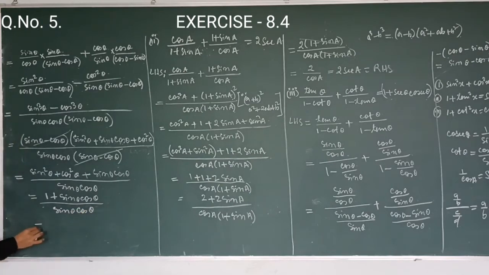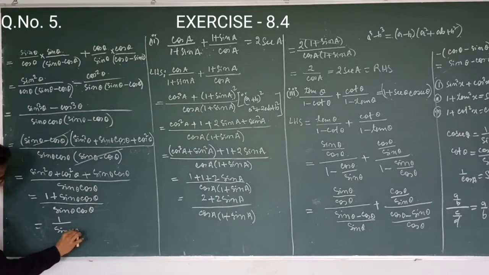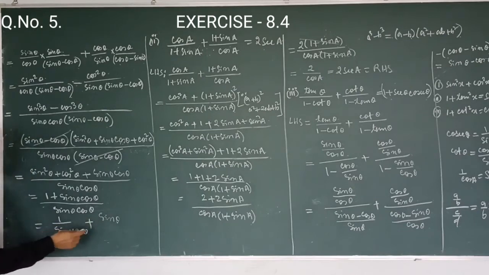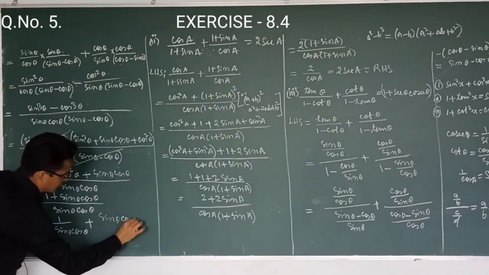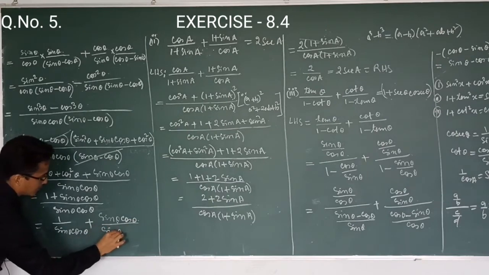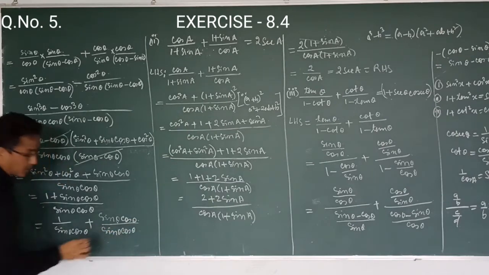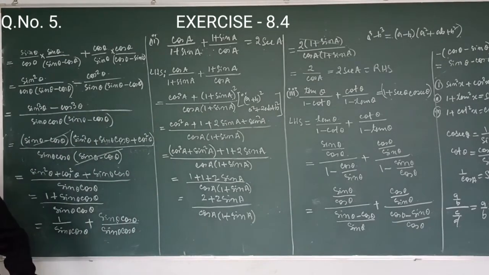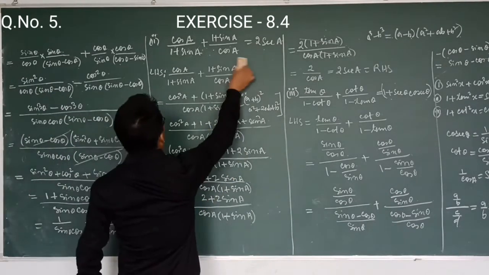Okay, so this is 1 by sin theta cos theta plus sin theta cos theta by sin theta cos theta. Now you will see this here.